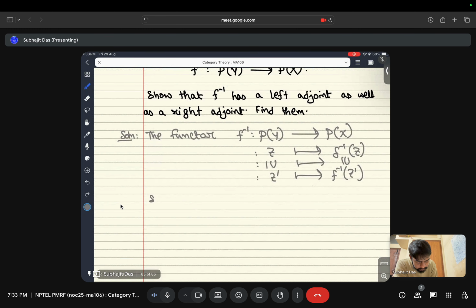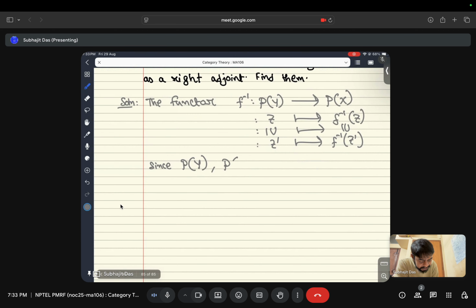So since the source category Py and the target category Px are thin categories, because they are posets, F inverse is a functor Py to Px.